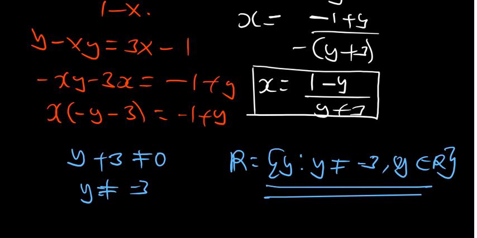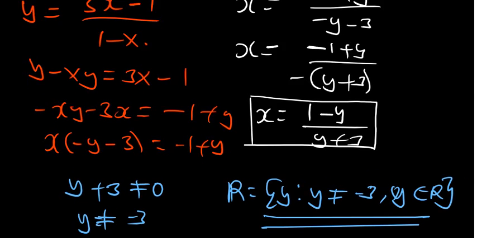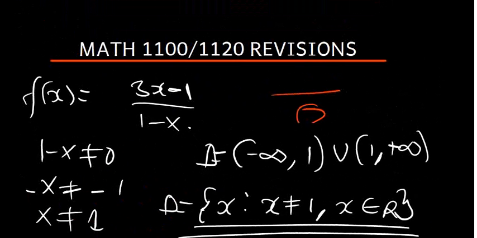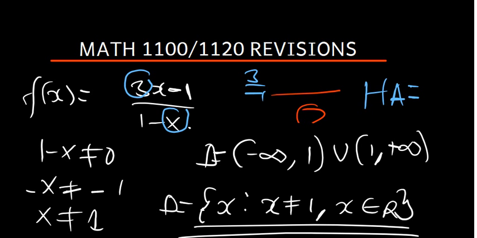At the same time, you can also use the original function to find the range, because the range is the same as the horizontal asymptote. To find the horizontal asymptote, we take the coefficient of x on top divided by the coefficient of x on the bottom. If the powers of x are the same, we divide them. So it's going to be 3 divided by negative 1, which is going to give you negative 3.